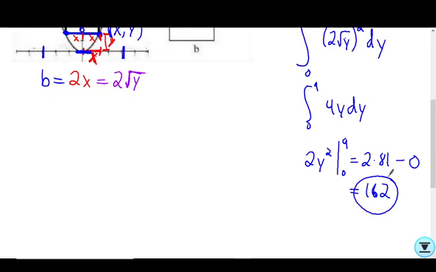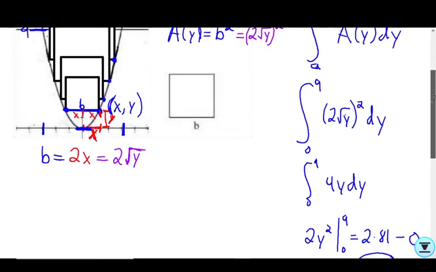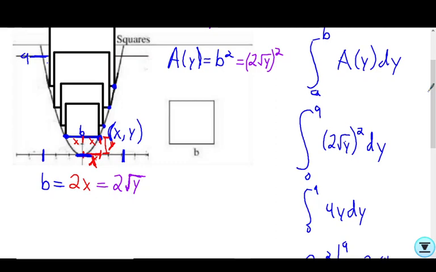Now, relating it back to what we did yesterday, if you watch the notes from yesterday, we basically did the same problem. The difference is we only did from here to here. We created the volume using this rectangle.